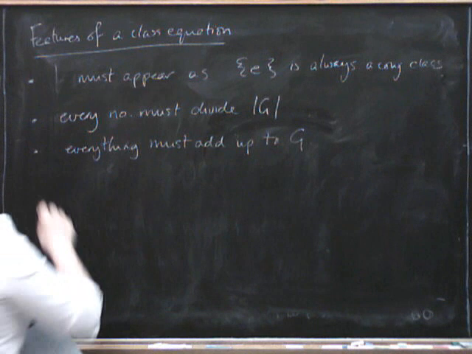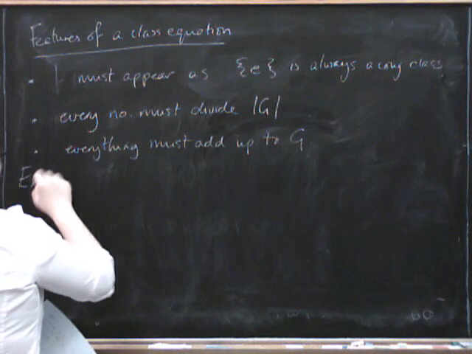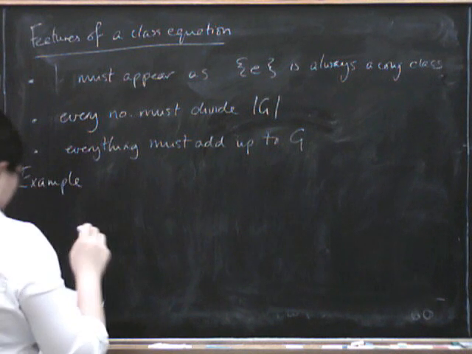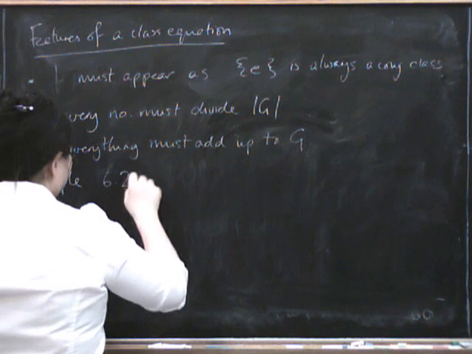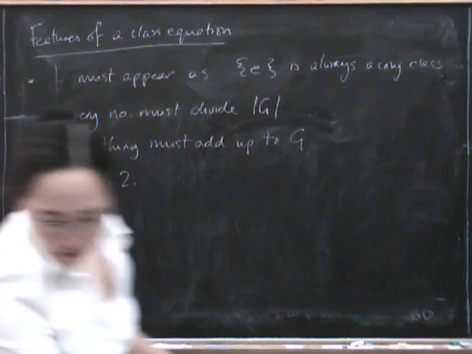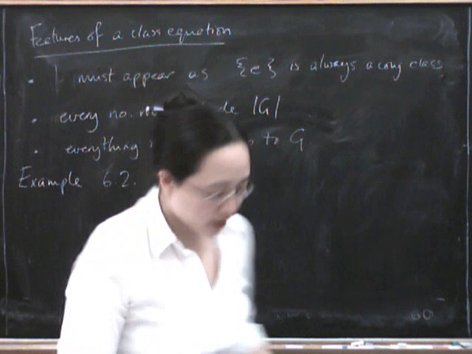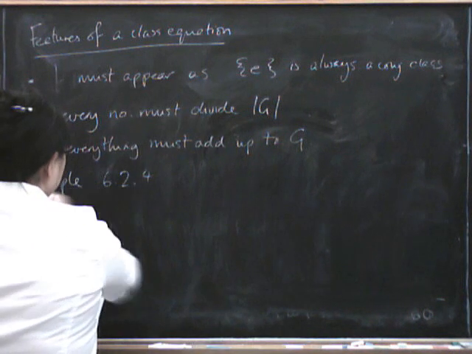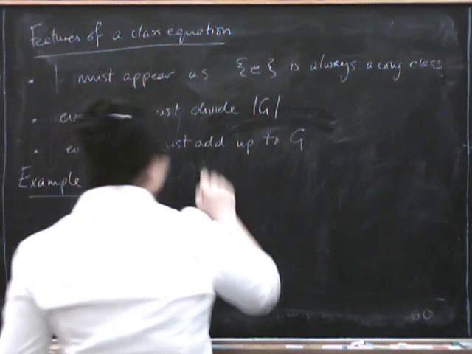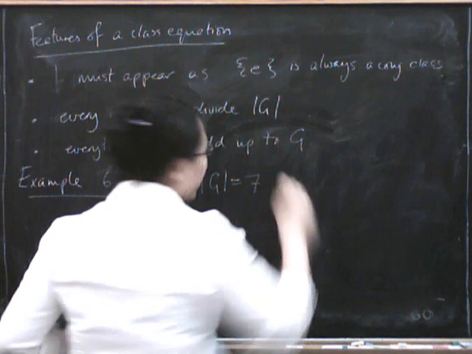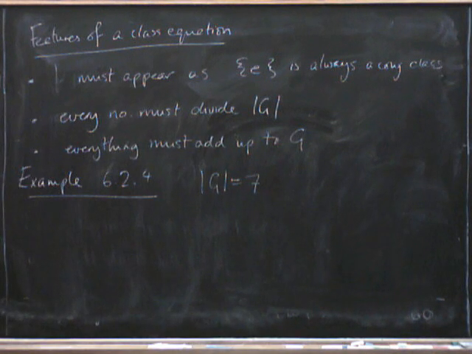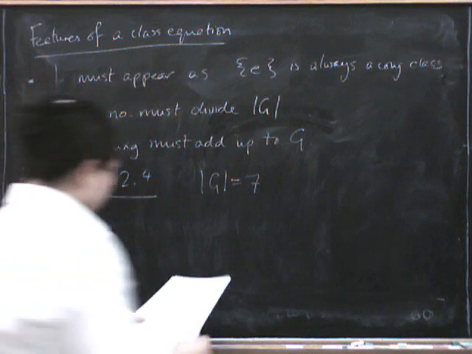So let's do another example where we just use these facts. Example 6.2.4. So let's do an example where all we know about this group is that its order is 7.